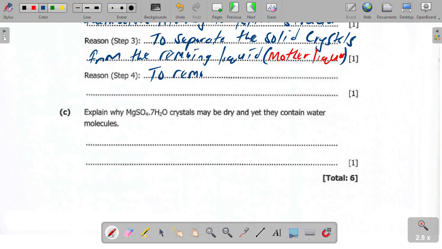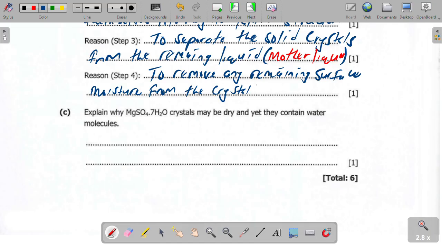To remove any remaining surface moisture from the crystals without using direct heat.